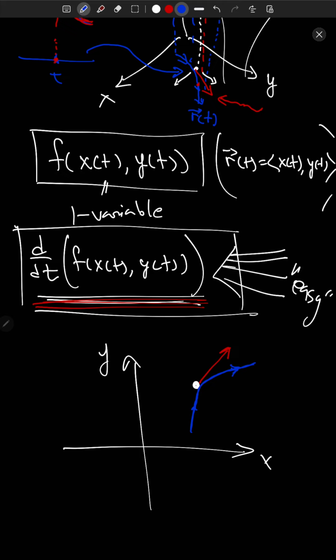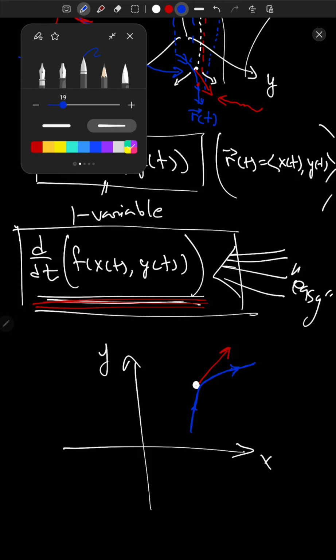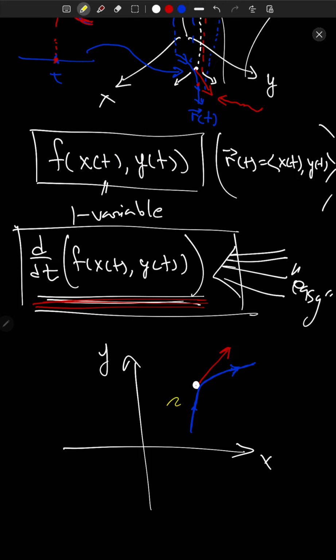But not only can we parameterize this in many different ways, we can also draw many different curves that pass through the same point with the exact same velocity vector. So there's this issue of, if I do a different curve, am I going to actually get the same answer for what I'm looking for, right?